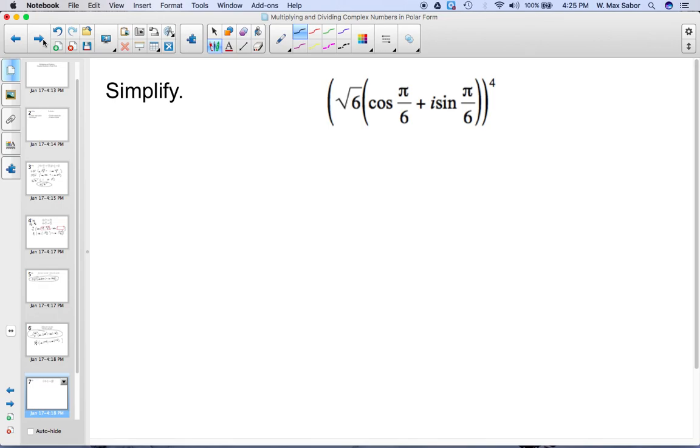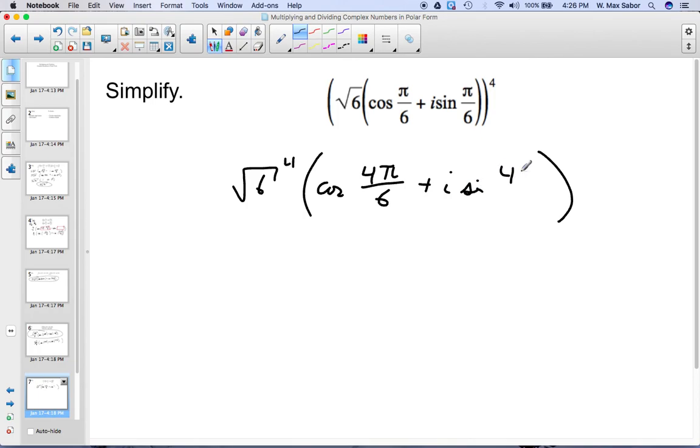Now, what's different here is we have an exponent. Well, exponents are repeated multiplication, so we'll be multiplying square root of 6 times square root of 6 times square root of 6 times square root of 6, so we'll have square root of 6 to the 4th. And then for the angles, we'll be doing 4 times each angle. So cosine of 4 pi over 6 plus i sine 4 pi over 6.